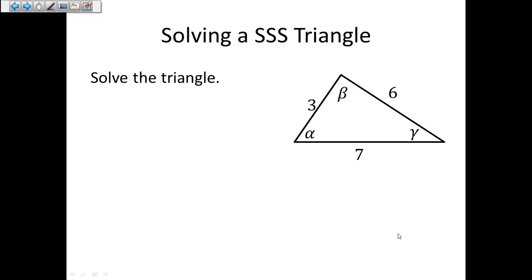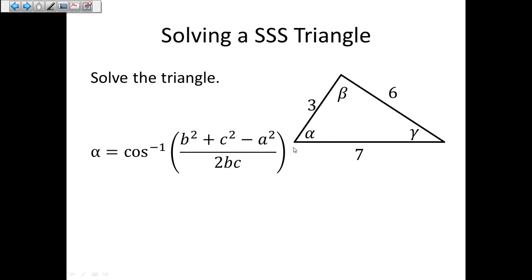Okay, so let's solve this triangle where they give us all 3 sides but none of the angles. Well, we just basically pick an angle to solve for. Let's go ahead and use what I've already done for alpha. And let's solve for the angle alpha.